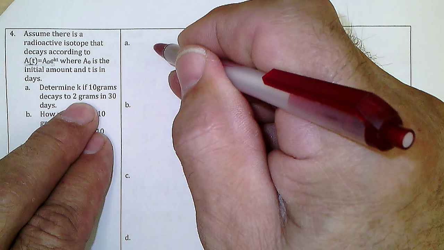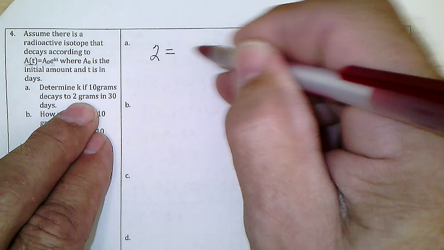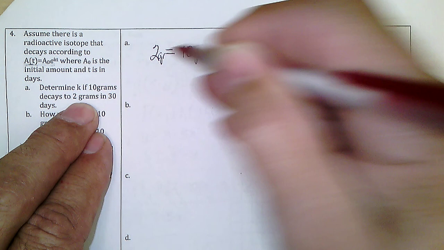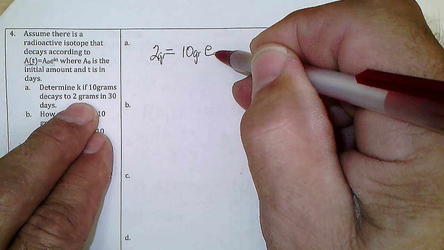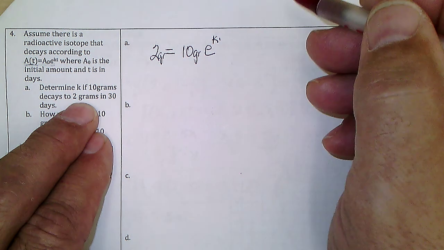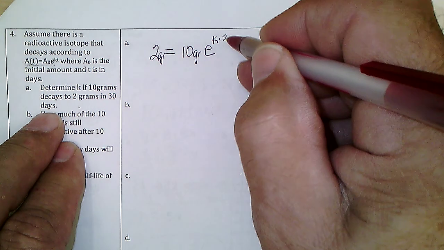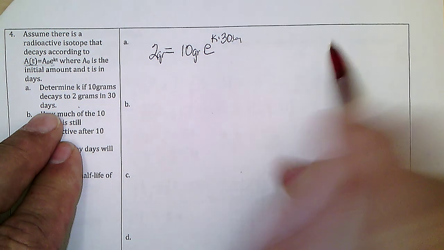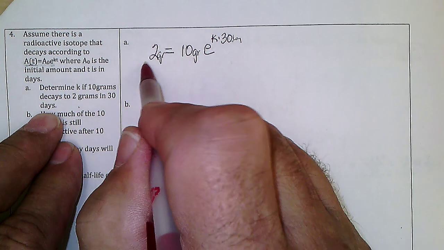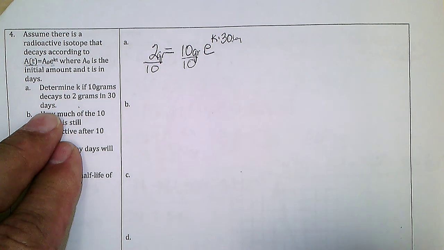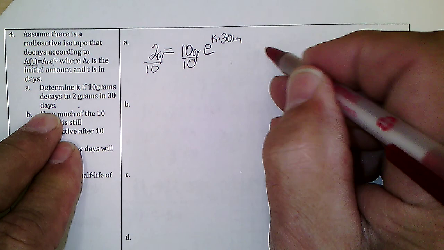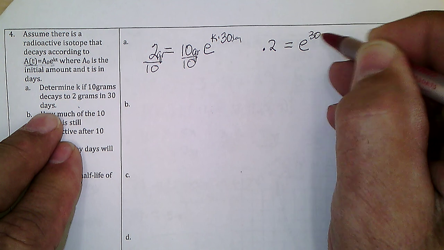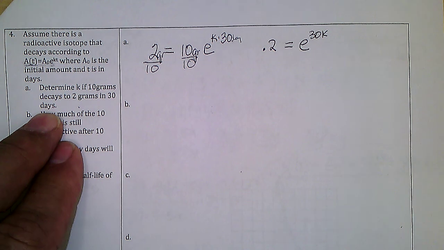A of t is the ending amount. 2 grams equals the 10 grams you started with, e to the k times however long, and they said 30 days. So t is going to be in days. So to solve this, we divide by 10 on both sides. And this is 0.2, so we get 0.2 equals e to the 30k.